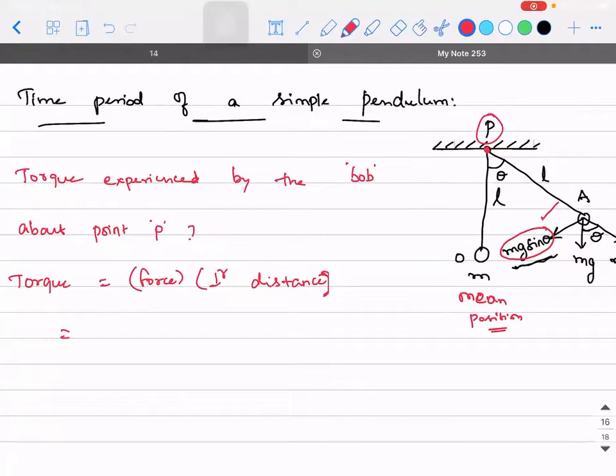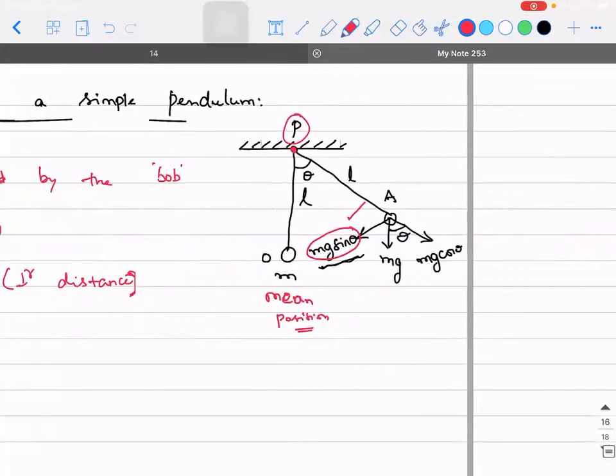To restore the object, which force is trying to restore the object? mg sin theta, multiplied with L. Remember, mg sin theta and L are perpendicular, because mg sin theta and mg cos theta are rectangular components.